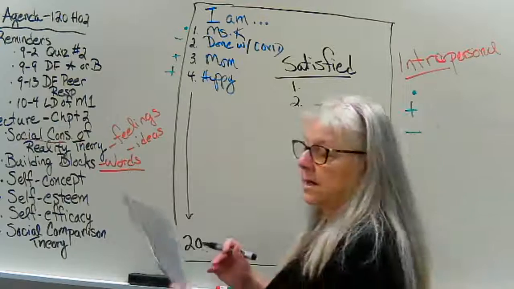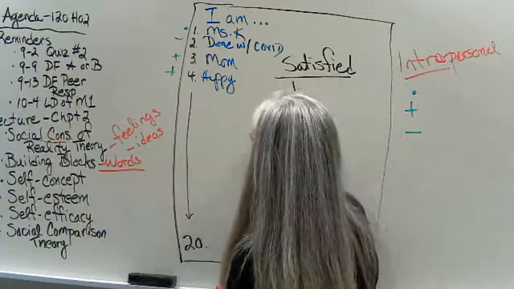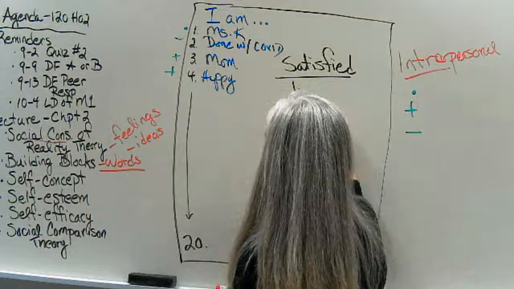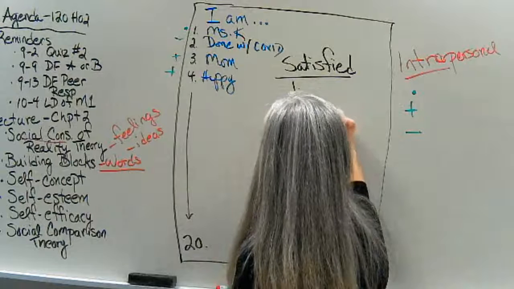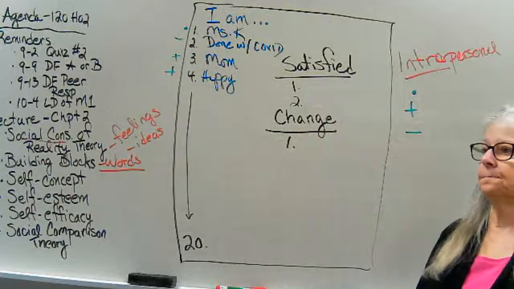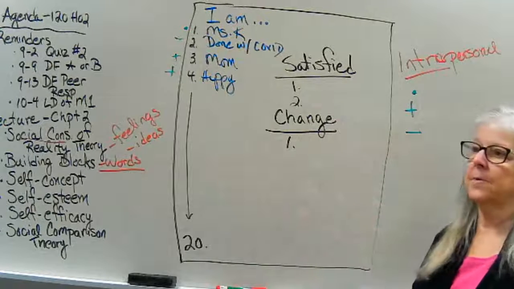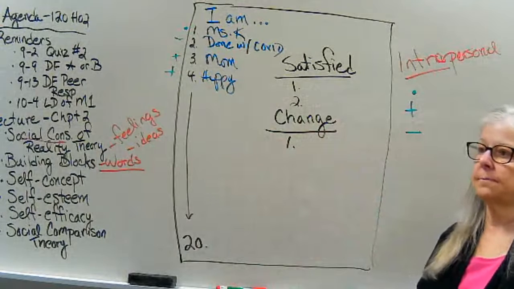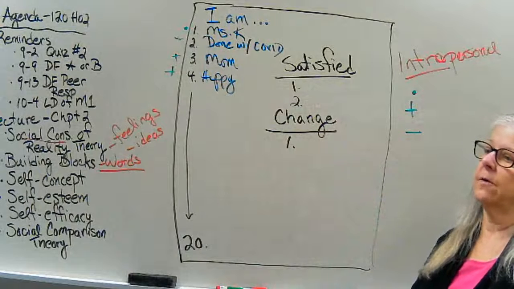All right, next, I want you to identify one thing on your list that you would like to change. And write that one down. Something that you would like to change about yourself.